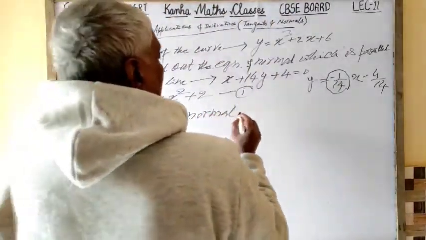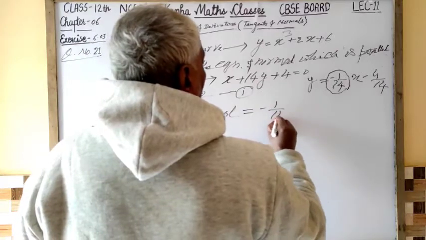Slope of normal is equal to minus 1 upon 14.